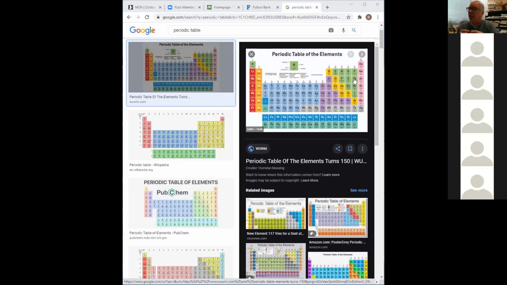So magnesium makes a deal with 2 chlorides: MgCl2. Magnesium becomes a double cation with 2 positive charges, because it's given up 2 electrons, so it has 2 more positive charges than negative charges.